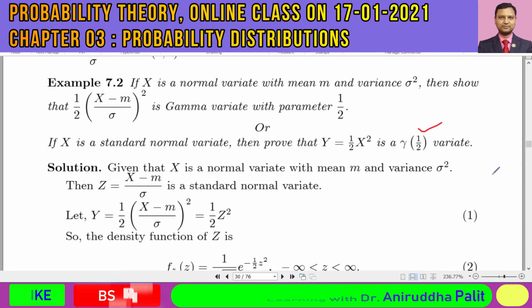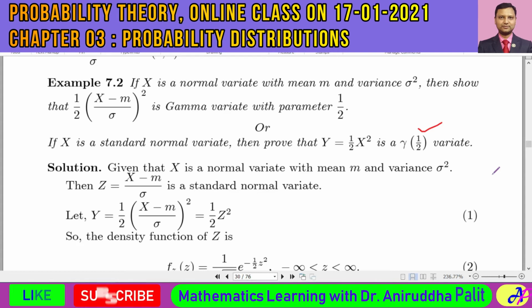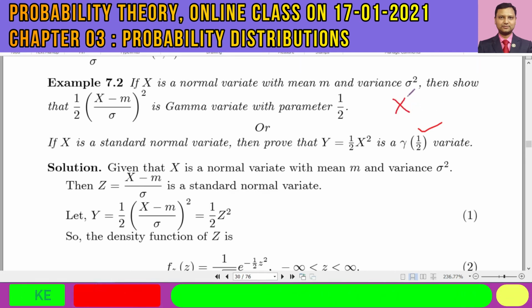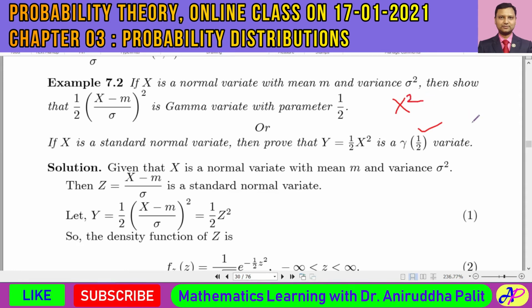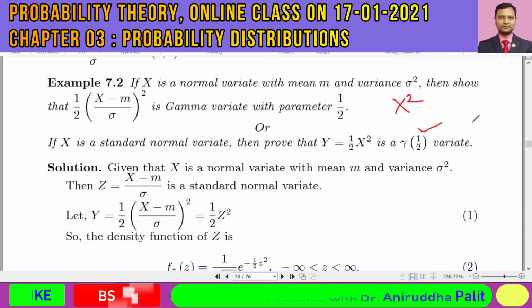And I would like to mention over here a point which is not related to this example: it can be shown that this random variable x square has a different kind of distribution, called chi-square distribution.